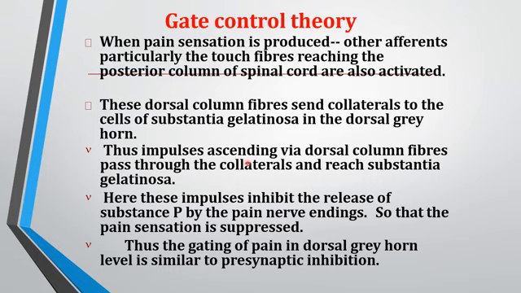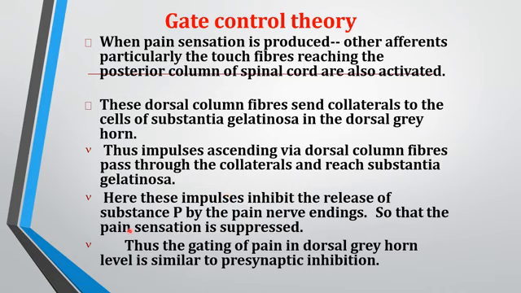So impulses ascending via dorsal column fibers pass through the collaterals and reach substantia gelatinosa. Here the impulses inhibit the release of substance P by the pain nerve endings, so that pain sensation is suppressed.